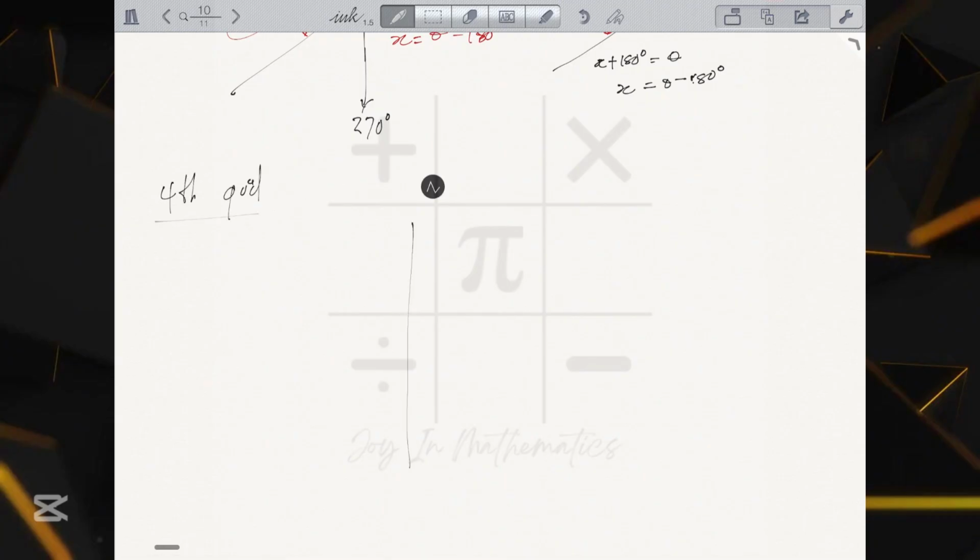The fourth quadrant is here, so that means we are looking for an angle that is represented here, and we know that this is 0 degrees, 90 degrees, 180 degrees, 270 degrees, and likewise 360 degrees. So if we have an angle starting from here in the positive direction, let's call this angle theta.